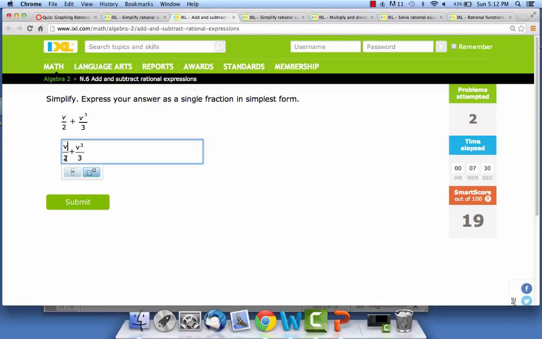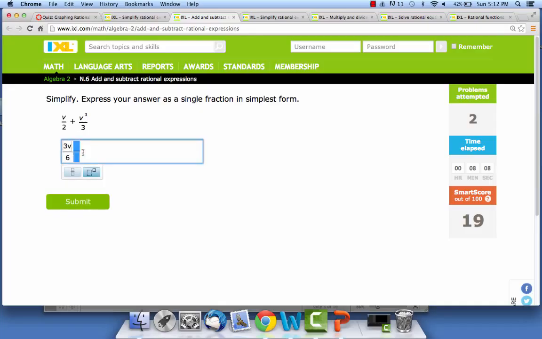This one already has a 2, so I need to multiply times 3. And down here I need to multiply times 3. This already has the 3, so to make the 6 I need times 2. And so I have to do that on top also. At this point, I can just write this as 3v over 6, this as 2v cubed over 6.